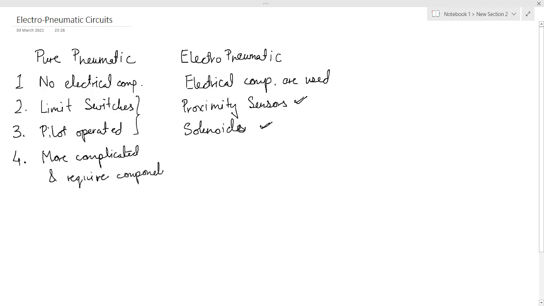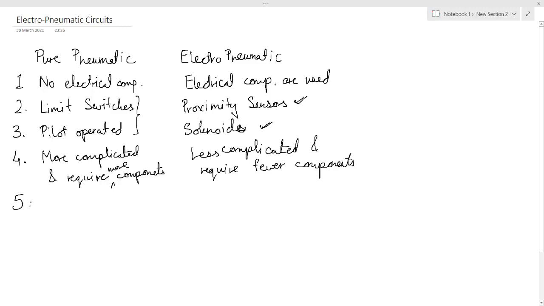You will see right now, when I show you how electro-pneumatic circuits work, that they are less complicated and require fewer components. So components required are less. These require more components.